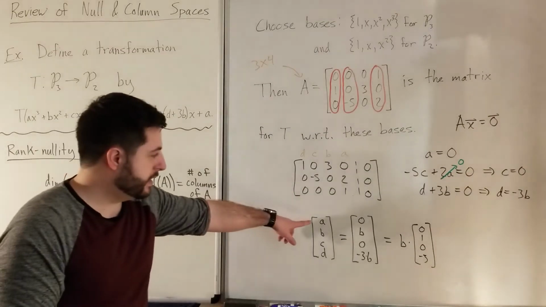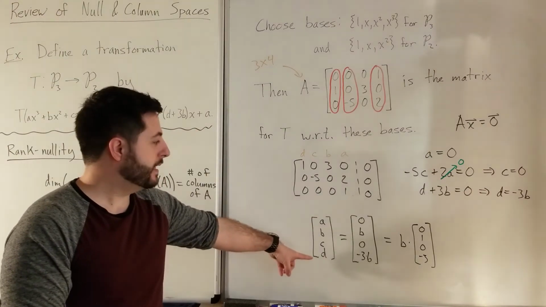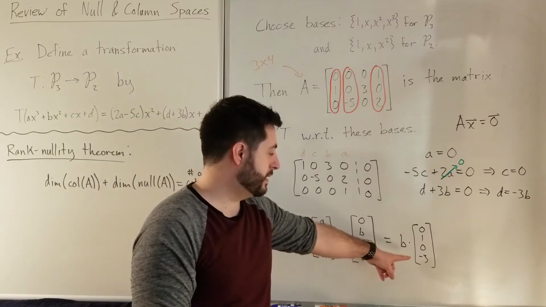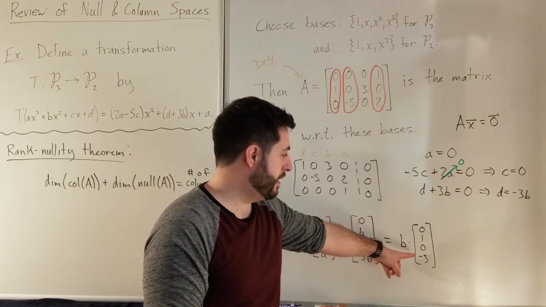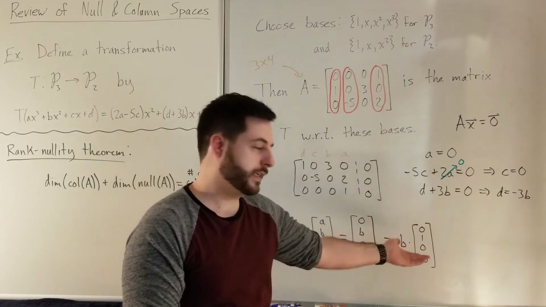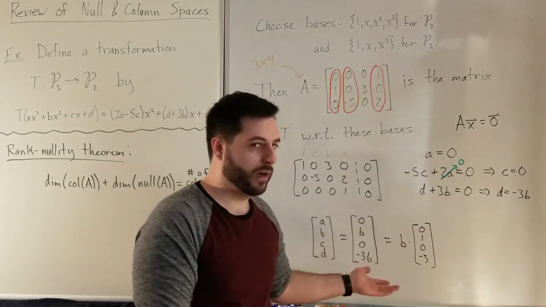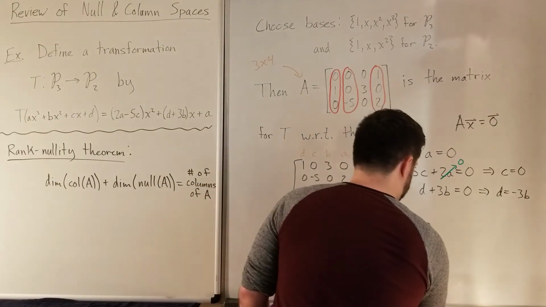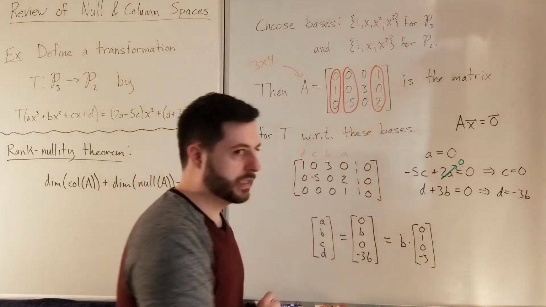Okay, so in other words, if a, b, c, d is in the null space, is in null A, that means it is a multiple of this vector right here. It's b times that vector, but I don't really care that I'm calling it b. It's some number times that vector. So this vector is a basis for the null space.